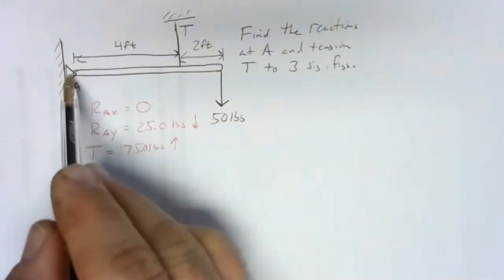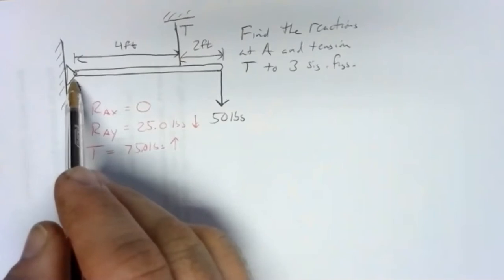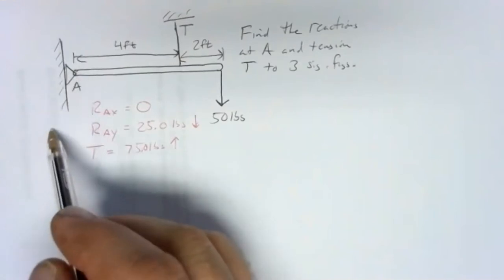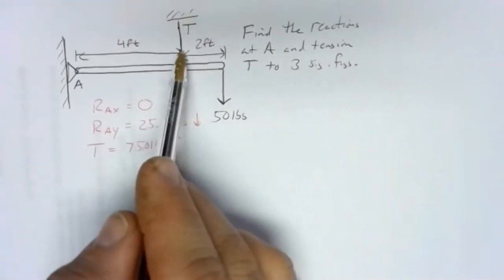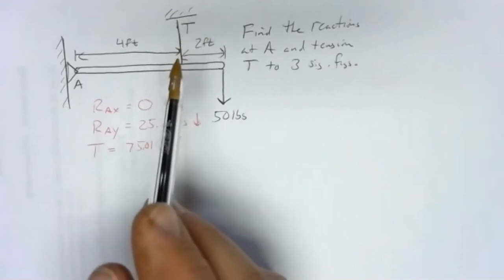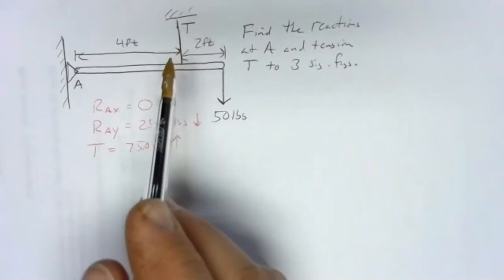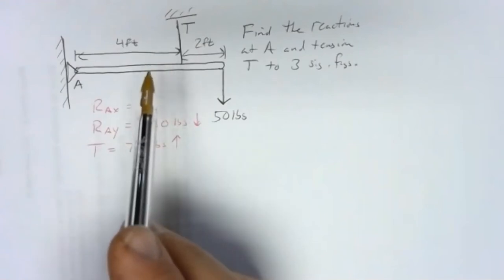We have 2 unknowns from our pin support. That's why we always write RAX and RAY, or RBX and RBY. It's 2 reactions there. T, the tension, is just giving us 1 unknown because the direction is given. The direction's vertical. So we've got 3 unknowns. We're going to have 3 equations. We can solve the problem.